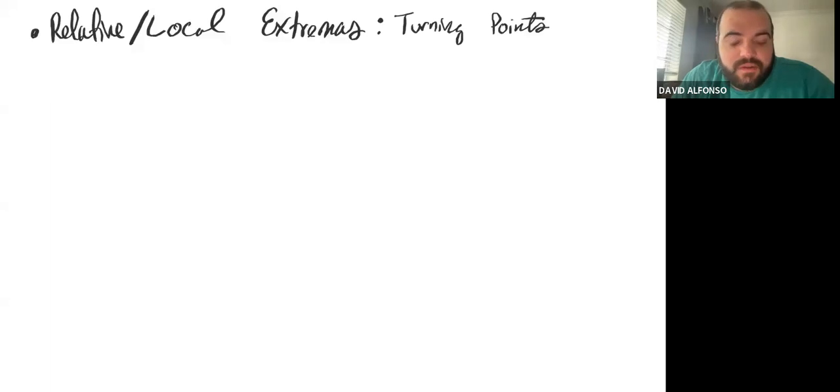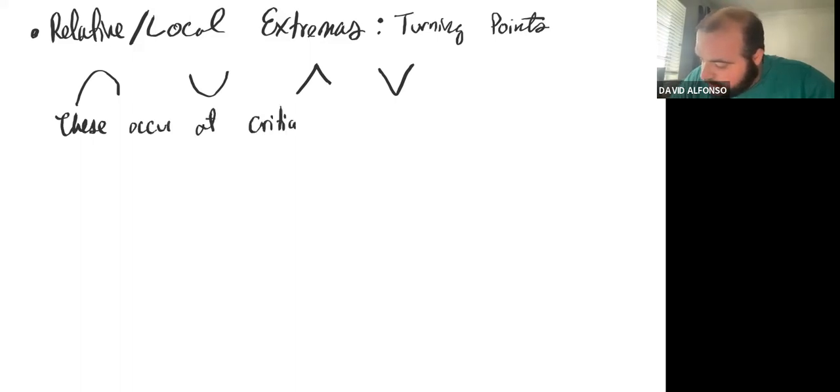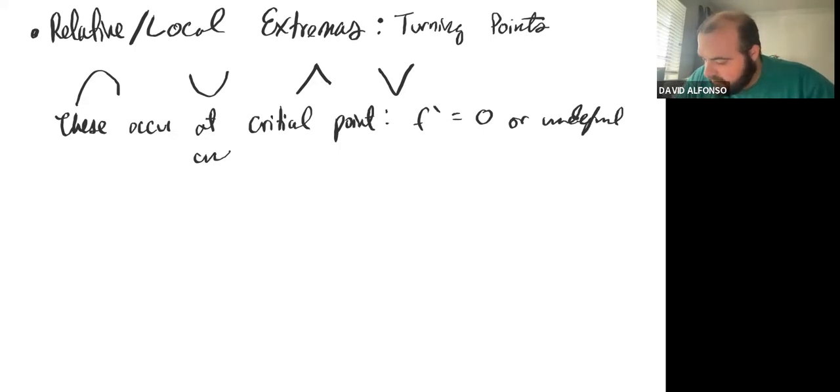Okay, so basically, again, sharp turns are also included. And these occur at critical points, again, where the derivative is equal to 0 or undefined, and f is defined.